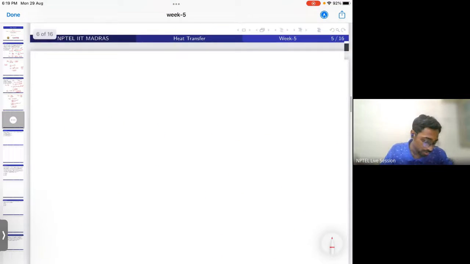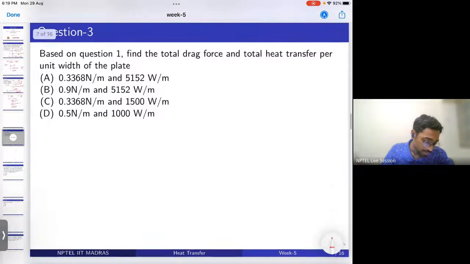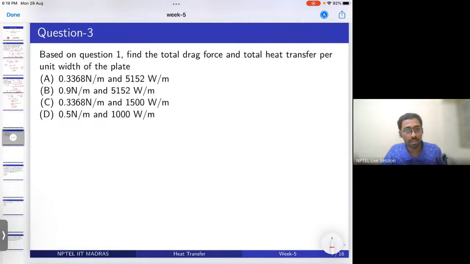So next question is a continuation of the first part. We need to find out the total drag force and total heat transfer per unit width of the plate.